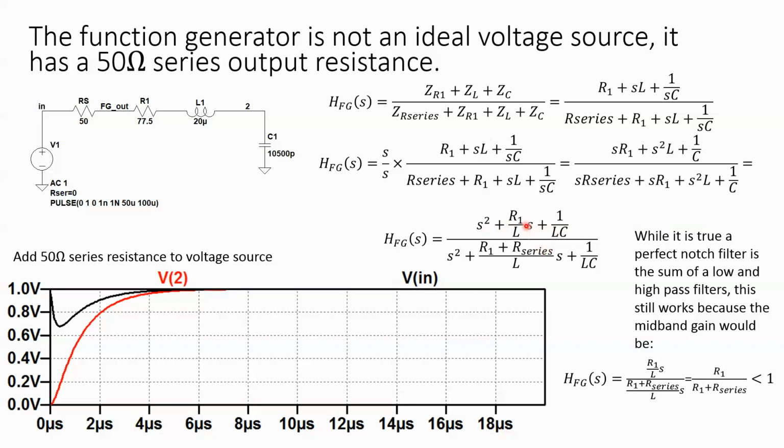Usually we only have the middle term, the squared term, or no S term, but I've got all three. How is that a notch filter when it's usually S squared plus the DC term? Well, look at the ratio here: R1 over RL versus R1 plus R series over L. At mid-band, when we simplify, we get R1 divided by the sum of these two resistances, which is less than 1.